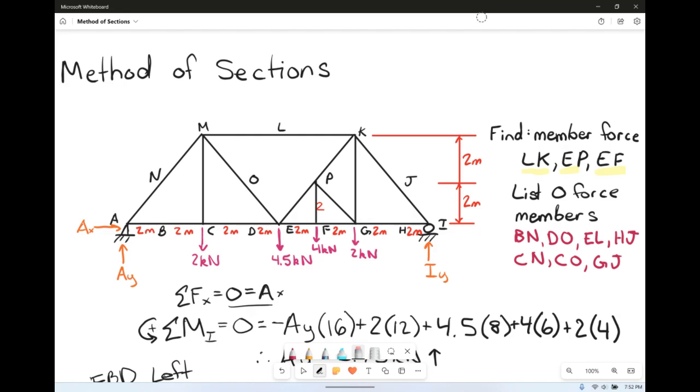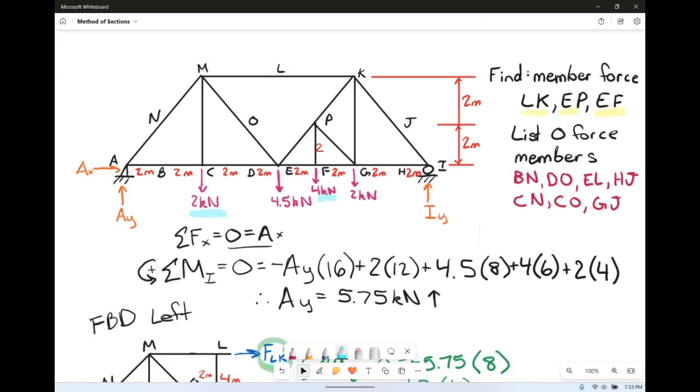And we can look, do you see any more of this situation? Now again, C does not count because he still has his force down here. So if you sum the forces in the y direction, he still has a force. Same with F, he still has a force. So that joint O is effectively gone at that point. And so is N, and so is J. So that's all of our 0 force members.